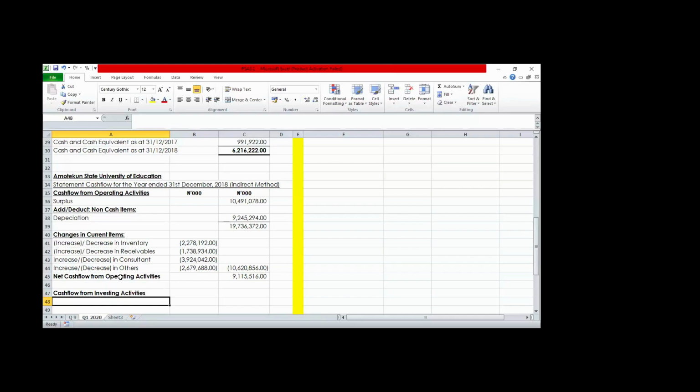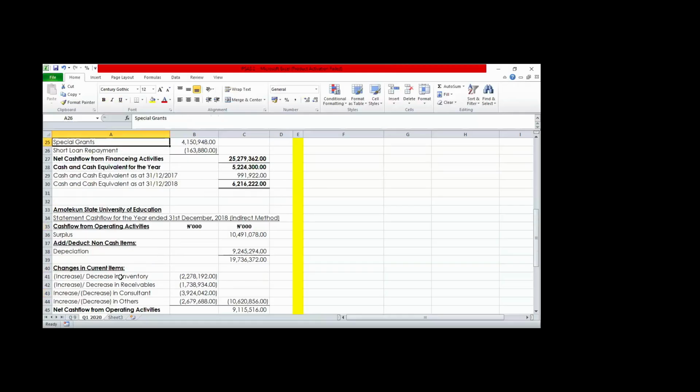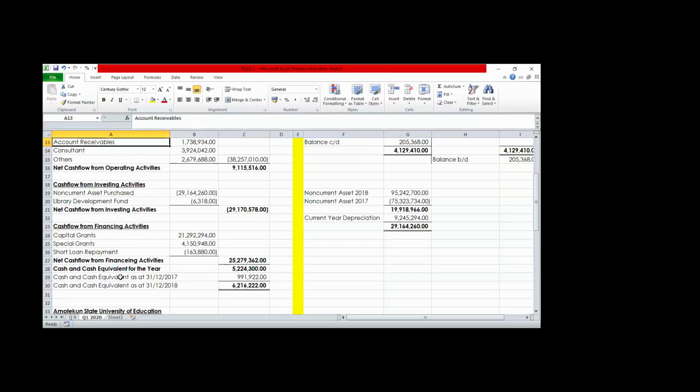Now, what are the activities under investment? All the figures and items we have here are what we are meant to consider there.